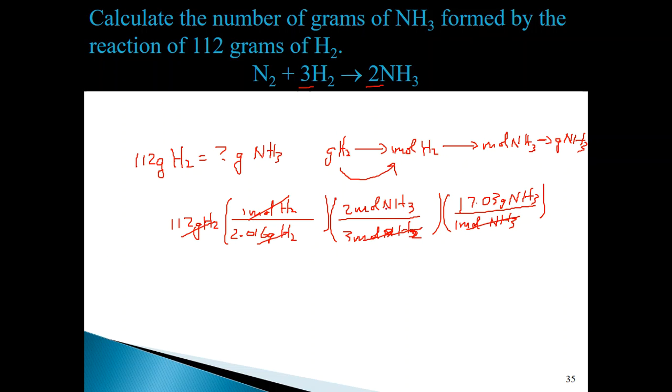So the moles of ammonia will cancel here and here, and you work this out. So let me do that on my calculator. So I'm going to have 112 divided by 2.016 times 2 divided by 3 times 17.03. And according to my calculation, this works out to be equal to 631 grams of ammonia. All right. So that's how we do that.